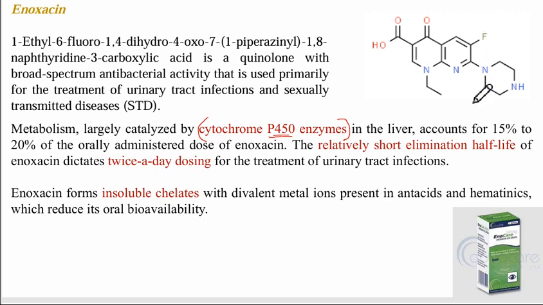You can again see there is a piperazine ring, a 6-fluoro substitution, and a 3-carboxylic acid, which satisfy the conditions for antibacterial agents. The dosing is twice a day, and it forms an insoluble chelate with the divalent metal ions present in antacids and hematinics. One of the marketed products is Enocare.